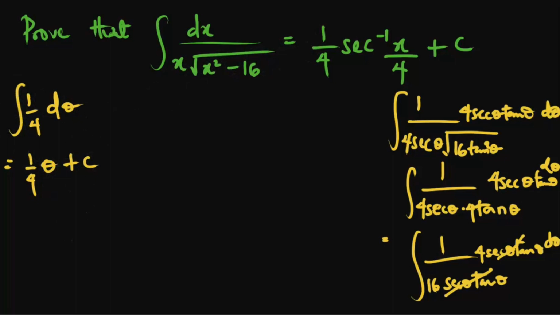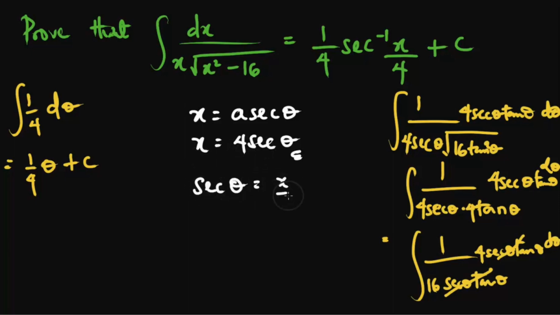So we have to recall that at the beginning, we said that x equals a sec theta, and that a is 4. So x equals 4 sec theta. We're going to make theta the subject: divide both sides by 4, sec theta equals x over 4, and then theta equals the sec inverse of x over 4.